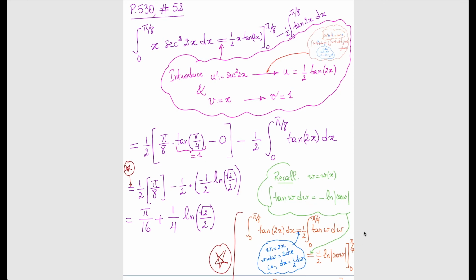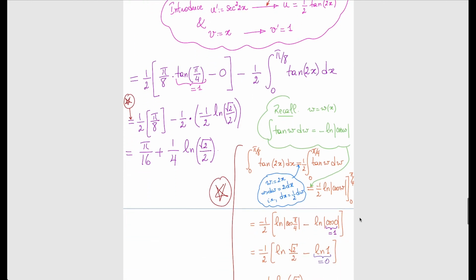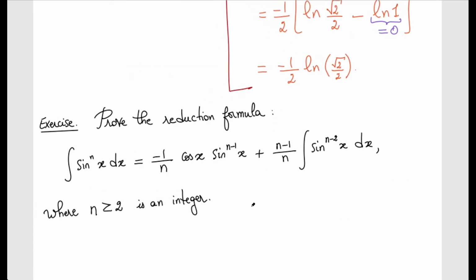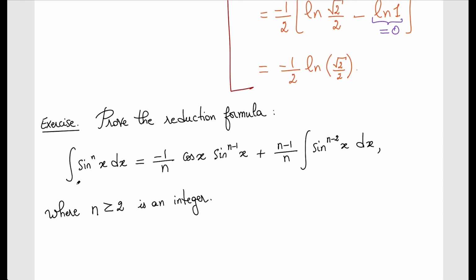Okay? So the last thing in this section is I want you to show the reduction formula that goes like this. The primitive of sine to power n x dx, and n is supposed to be an integer that's at least 2, is equal to this expression plus n minus 1 divided by n integral sine to power n minus 2 x dx.